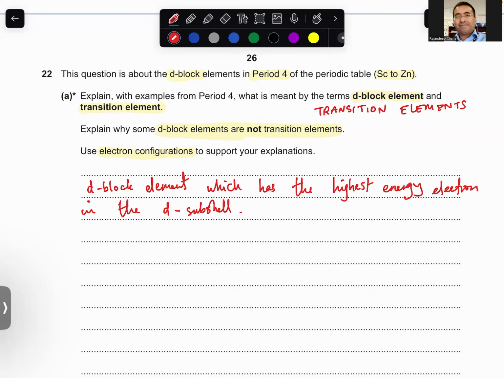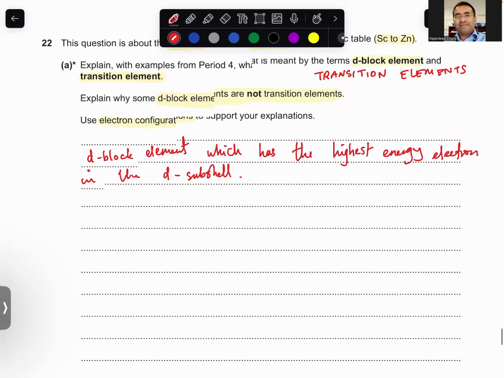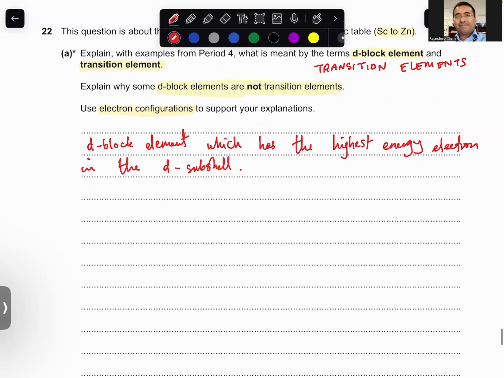Now, a transition element, there's a bit of a key difference here. A transition element is one where it forms one or more ions.